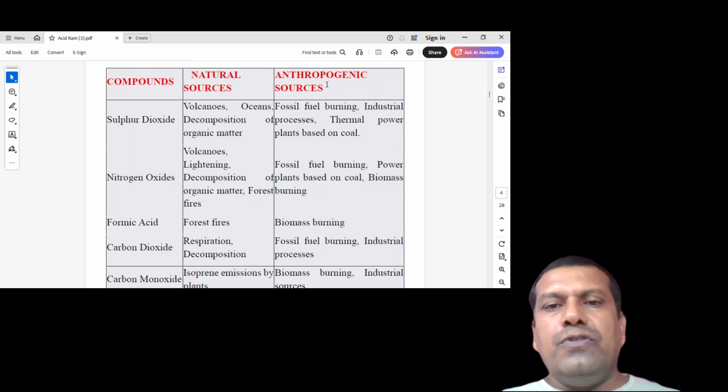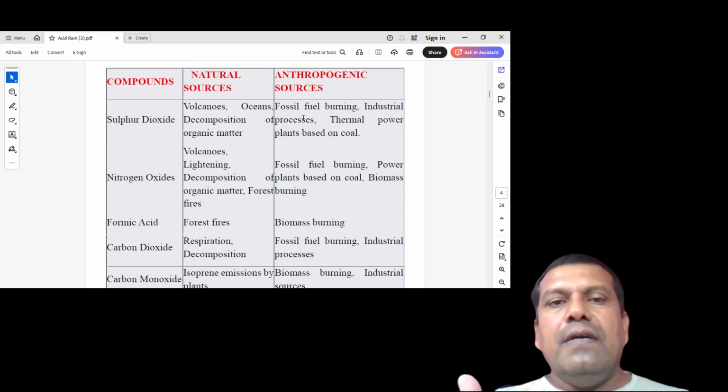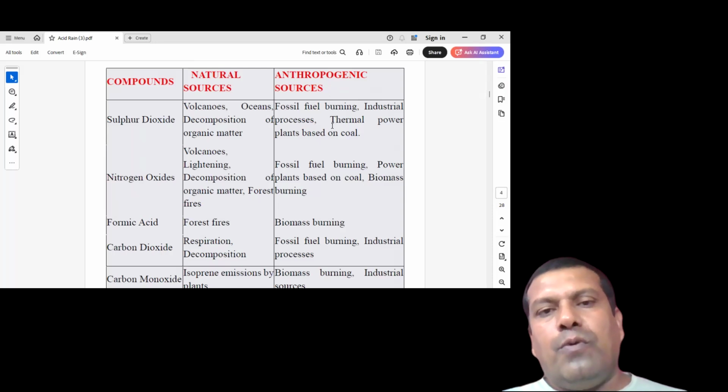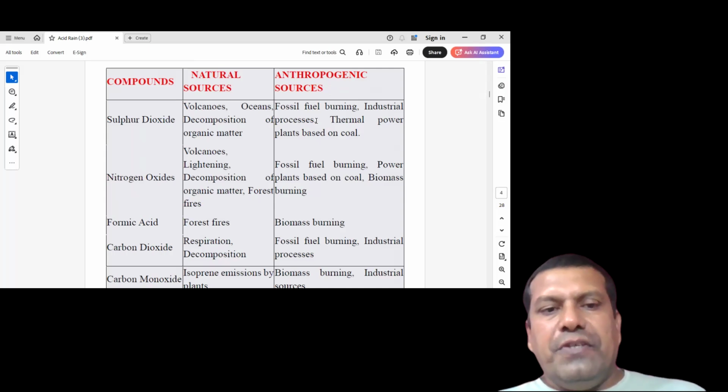Anthropogenic sources for sulfur dioxide are, as I just told you, burning fossil fuels and industrial processes, which lead to sulfur and nitrogen oxides. Similarly, coal is burnt for the production of electricity in thermal power plants, where coal is used as a fuel for the generation of electricity.